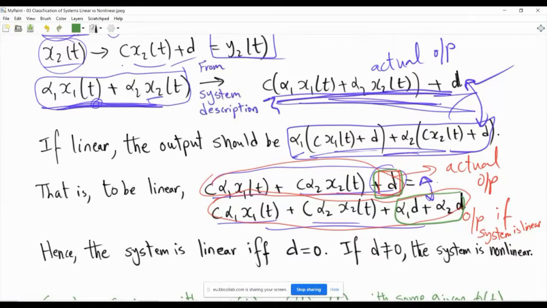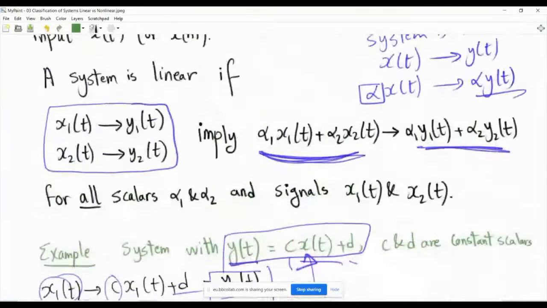Now you may say that the actual output and the output if the system is linear are equal if the parameter alpha 2 is minus alpha 1. This is true, but it does not mean that the system is linear, because the system is linear by definition for all possible values of alpha 1 and alpha 2.